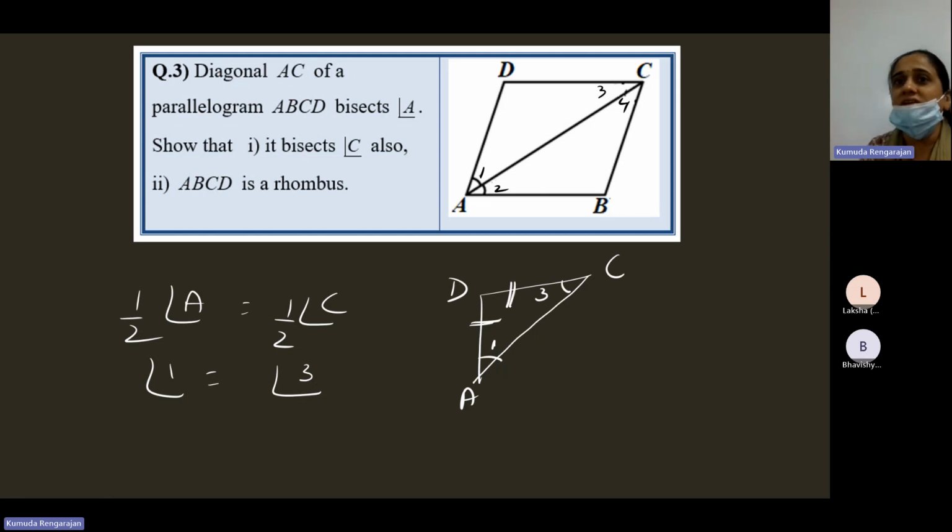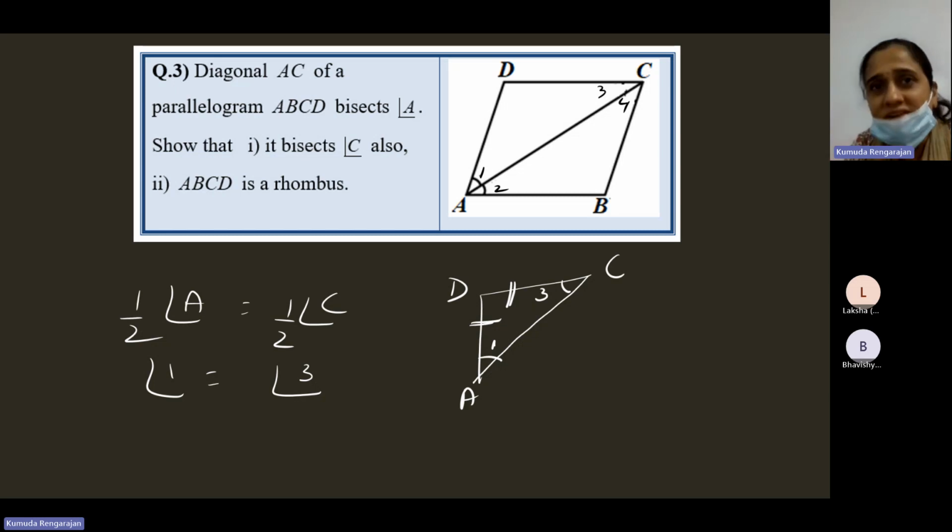We proved adjacent sides are equal. AD equal to DC. We proved. So that means all the sides are equal, and hence it's a rhombus. Use the definition is what I'm stressing on. To prove it's a rhombus, use the definition: a parallelogram in which all the sides are equal. It is already a parallelogram.